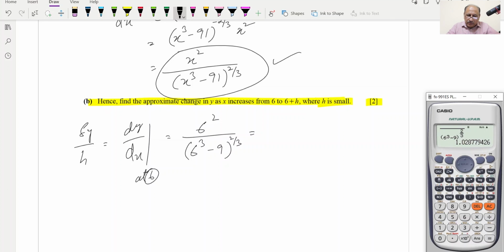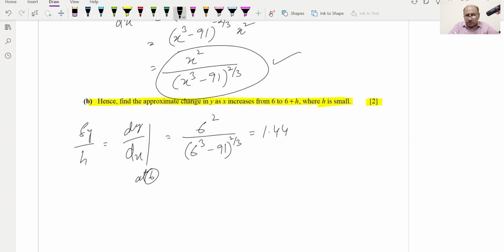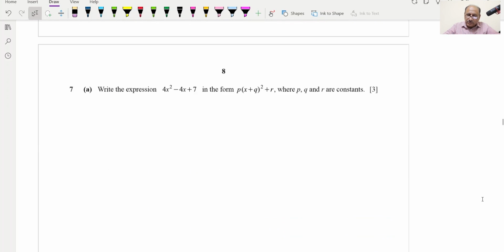It's not 9, it should be 91. Basically we have these silly mistakes, so this should be 91, and its answer is 1.44 and h. So because plus 6 plus h, this will be the answer for 2 marks.